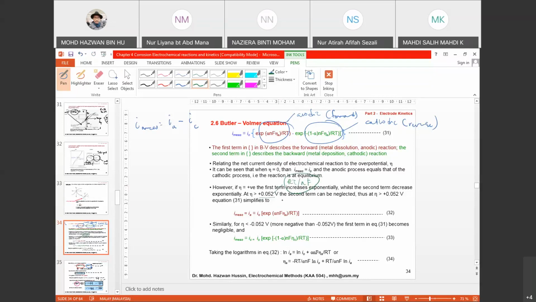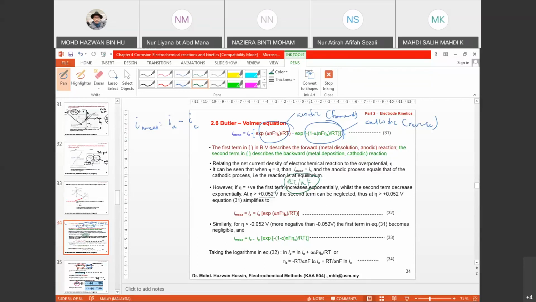So you will get this value. Anything that is bigger than this, the second term can be neglected, which means the cathodic term can be neglected because you will have more increase in the anodic region. So it will be simplified as this.